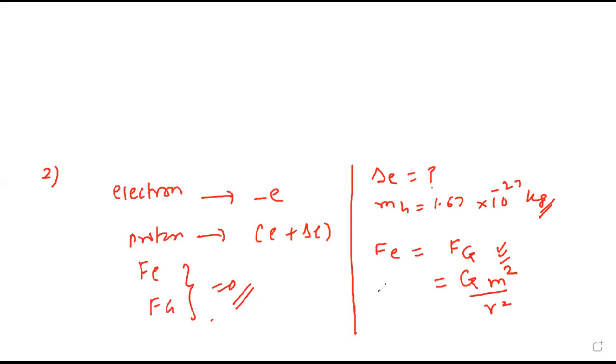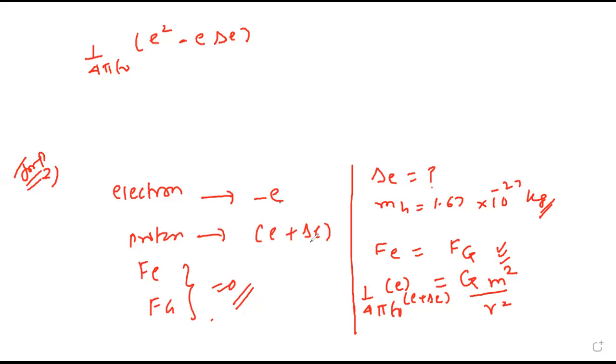Now my only problem is the electrostatic force. Can I say it is 1 upon 4 pi epsilon, charge E into E plus delta E? Can I write like this? So it will become 1 upon 4 pi epsilon naught, minus E and E plus delta E. Now this is the concept you have to understand properly.